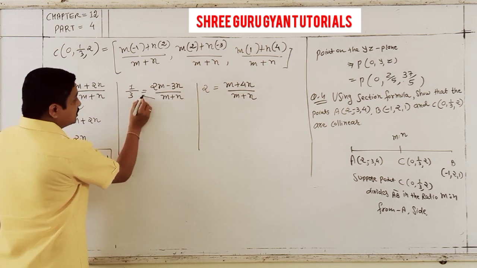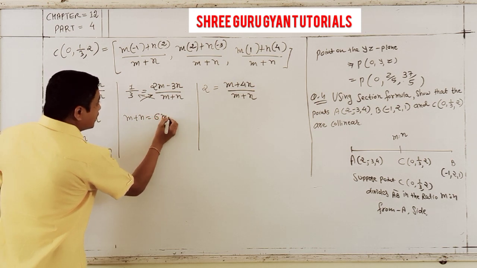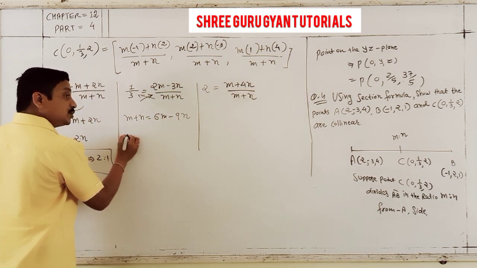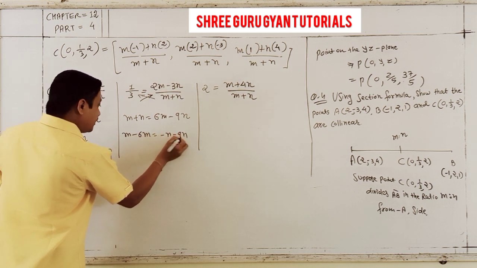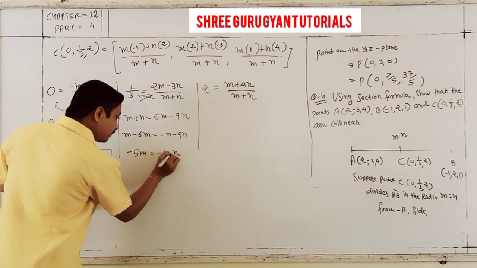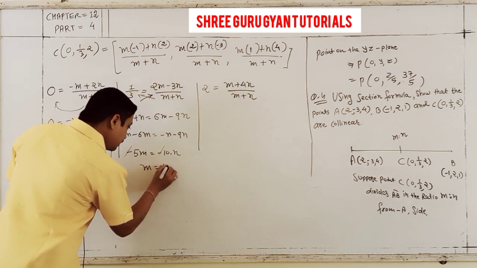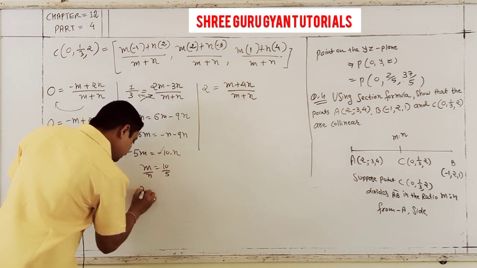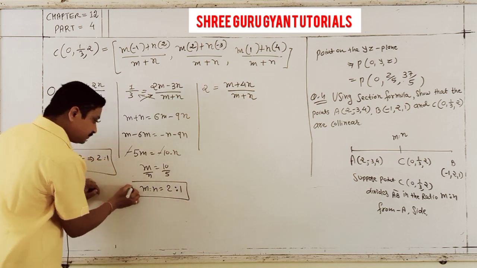I checked also this side: m plus n, 6m minus 9m. So, students, your value m minus 6m, you get minus 5m, minus 10m. So minus minus goes. m becomes 10 by 5 times n. So m to n, students, again you write down 2 ratio 1.